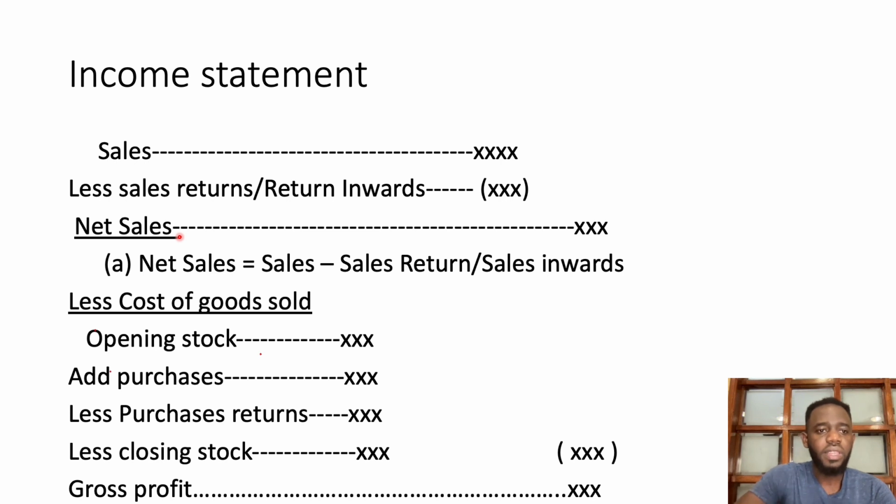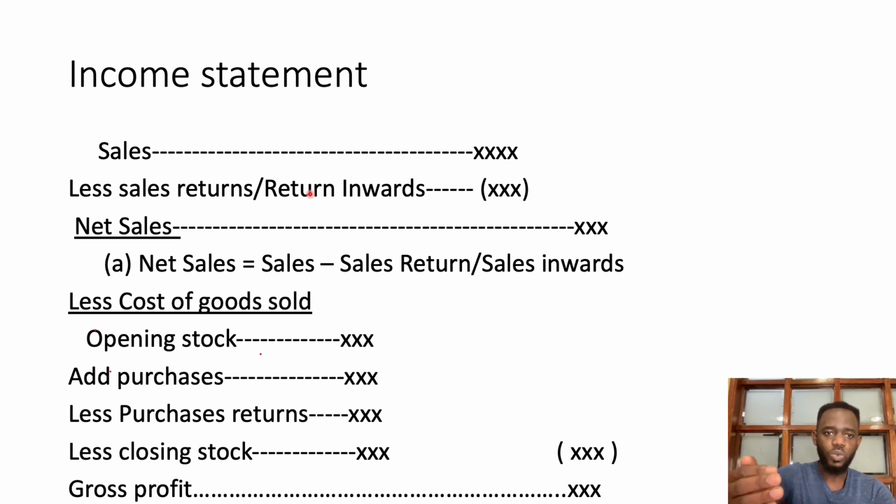If the bookshop had sales within a specific period of time, amounting to XX amount, for us to reach the net sales, maybe some of the textbooks that were sold to the customers were returned to the bookshop. And so we get sales generally, and we less sales returns or return inwards, anything that was returned to us.